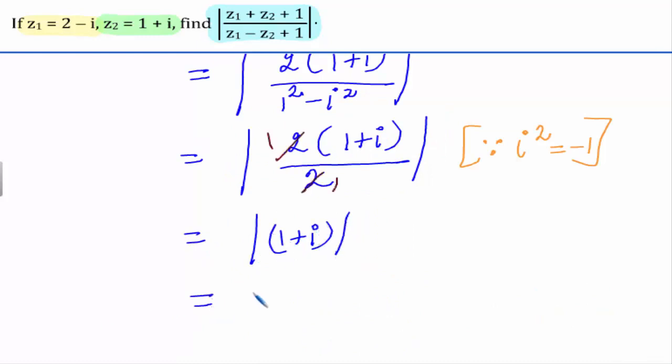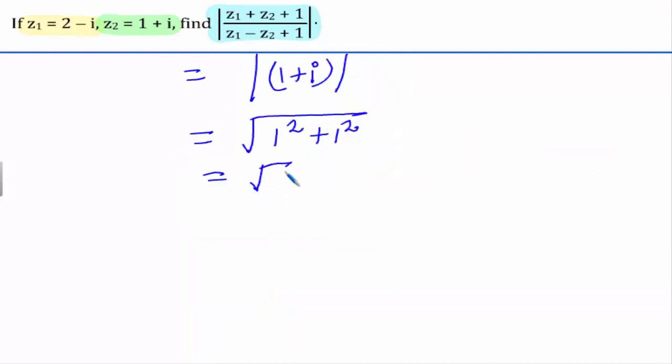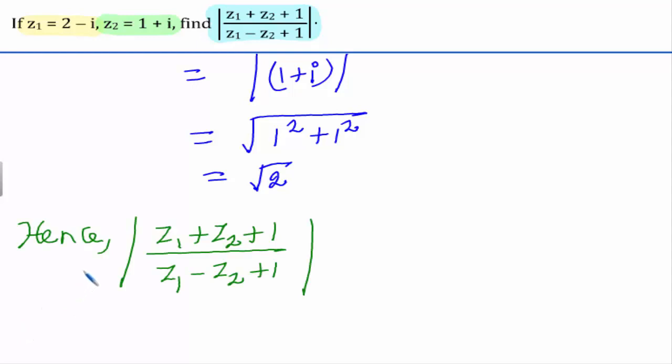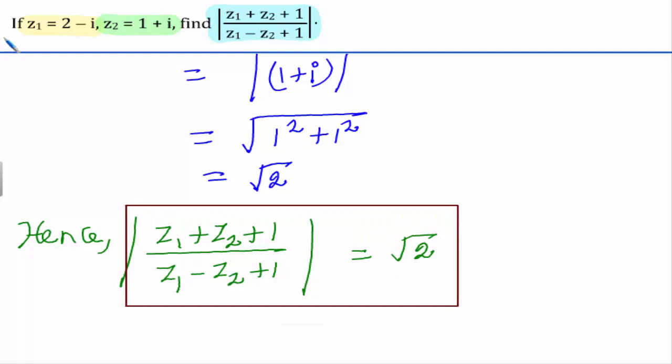This will be equal to root over 1 square plus 1 square, which is square root of 2. Hence, the value of the given modulus is root 2. With this, we come to the end of the solution.